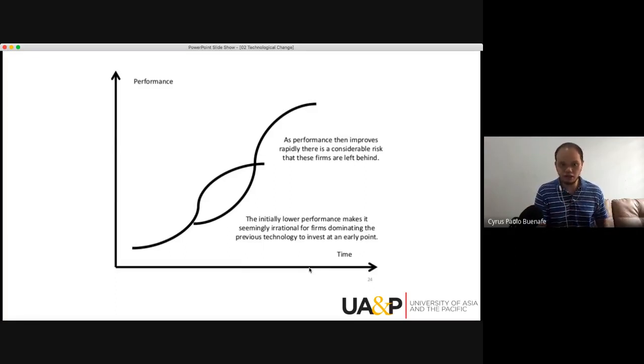So that would be a good tip for most of you dealing with technology. You have to ask yourself: is my technology right now at that stage wherein it's still going to improve much better, or is it at that stage where it's really slowing down? Other technologies might replace it in the future.